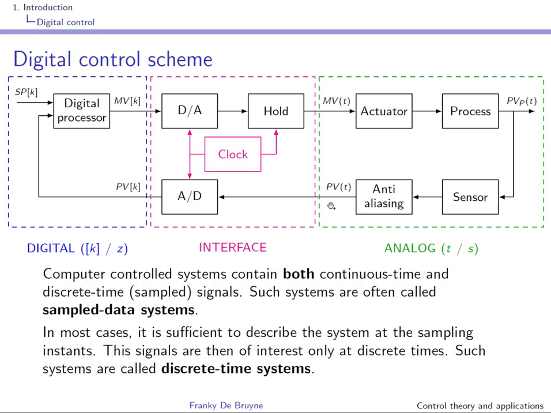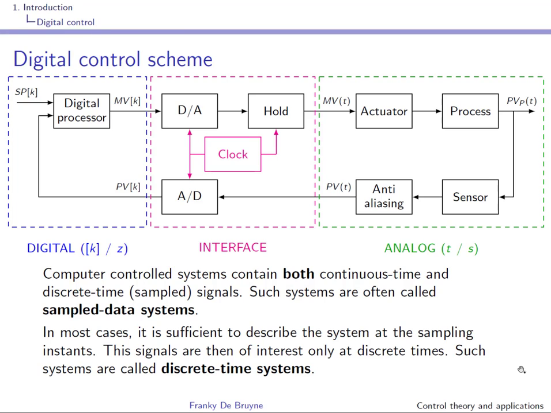This low-pass filter has to be situated in the analog part. This is very important. This anti-aliasing filter is going to remove all frequency components above the Nyquist frequency to prevent frequency folding or aliasing. In doing so, we obtain PV of t that is available for the interface.